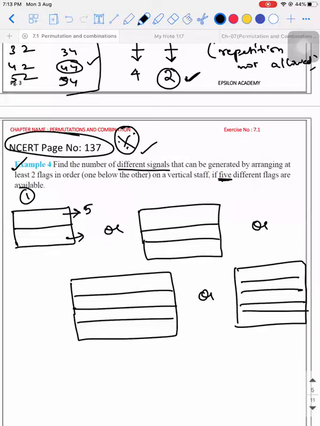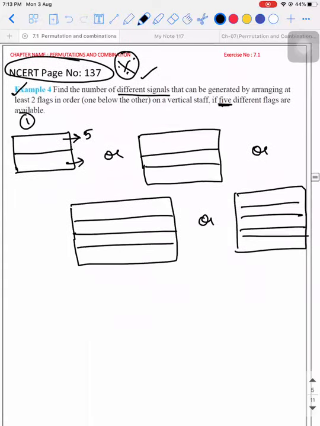Repetition is not mentioned, but logically, for this particular signal to be formed, you cannot use the same flag twice, so by default it is no repetition. Is that clear? Yes, sir.